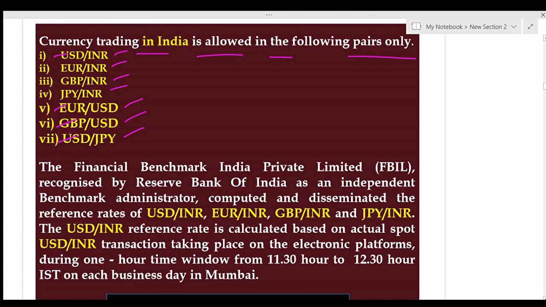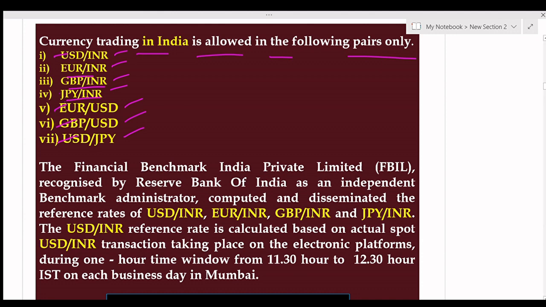These rates are available from their respective central banks. But for the other 3 currency pairs, EUR/INR, GBP/INR and JPY/INR, the rates are not available directly. These rates are computed by crossing 2 rates, and one rate is common in all 3 cases, that is USD/INR.